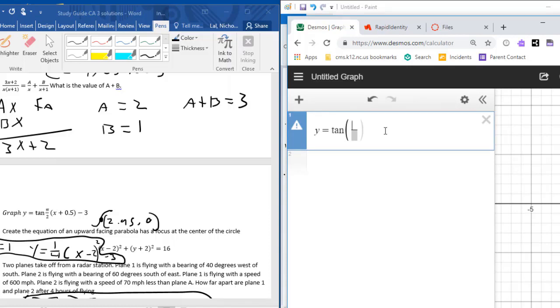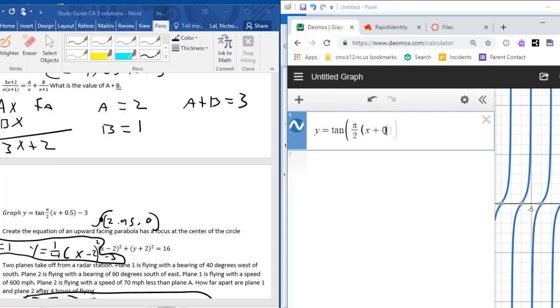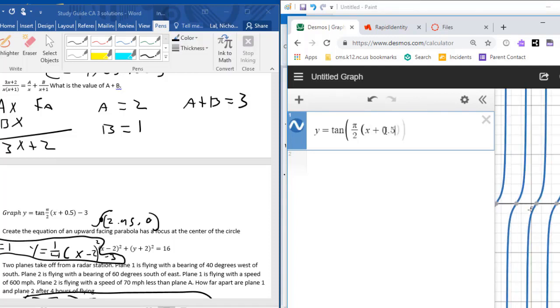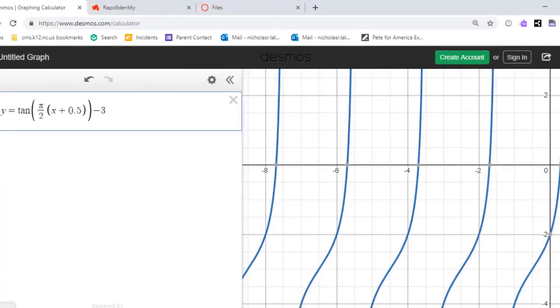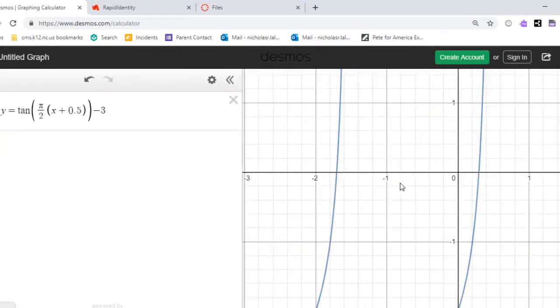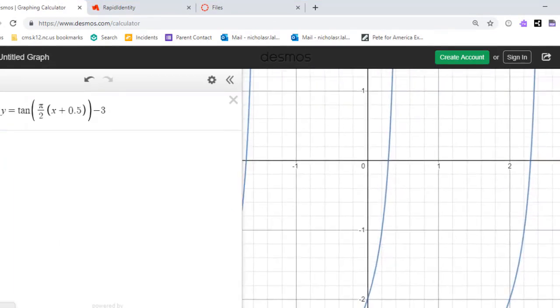Writing pi in your graphing calculator, you write the tangent of pi, that's just a p and then an i, over 2 times (x + 0.5) in Desmos, minus 3. And then you see what the function looks like.